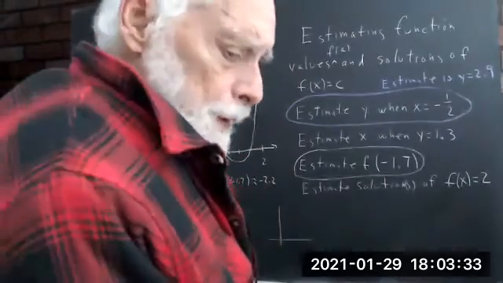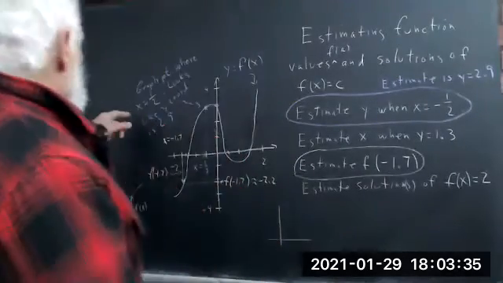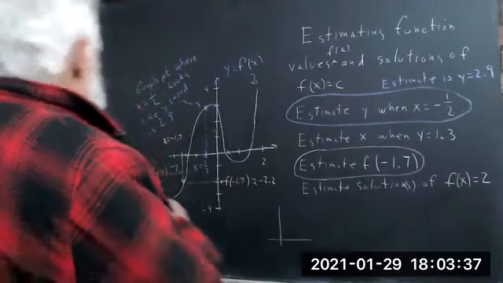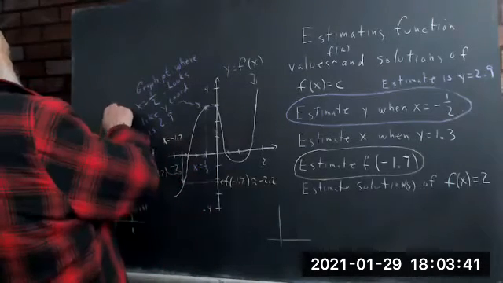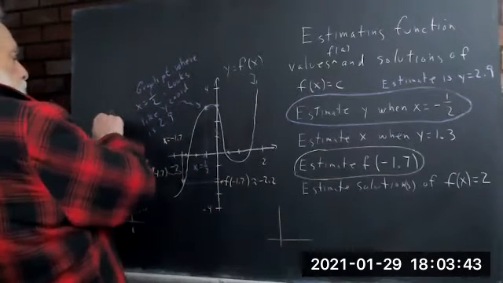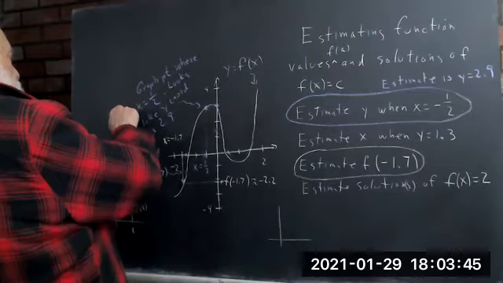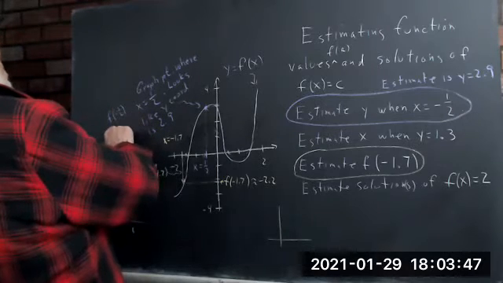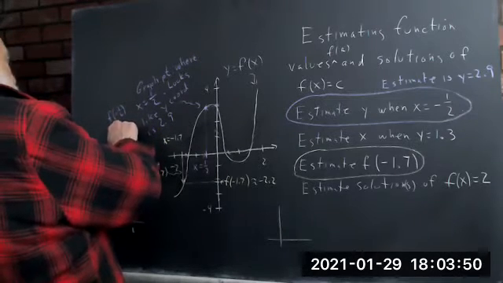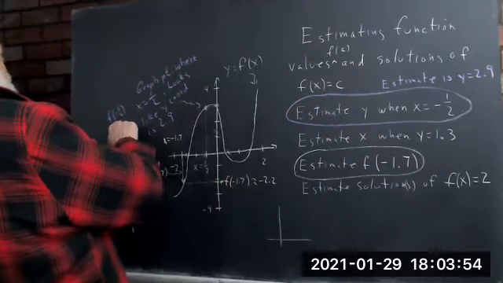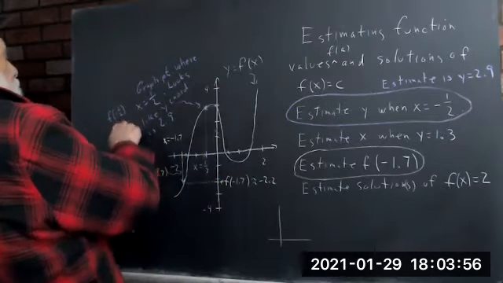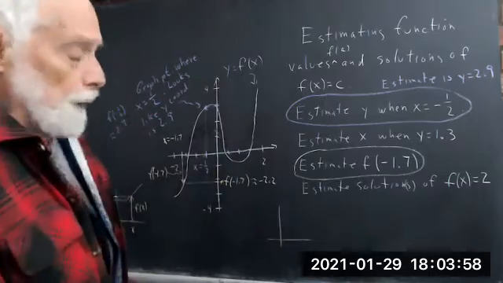So I could even pen that in up here. So up here we have f of 1/2 is approximately 2.9 from all of this.